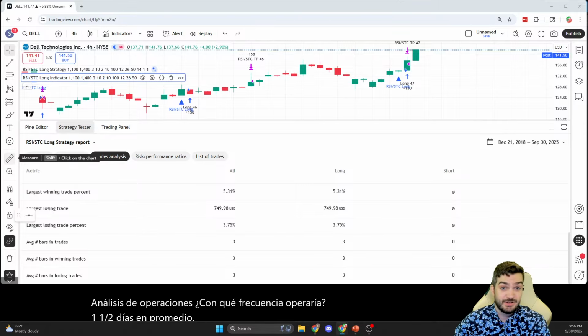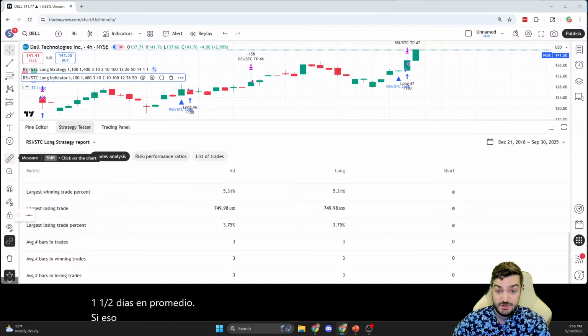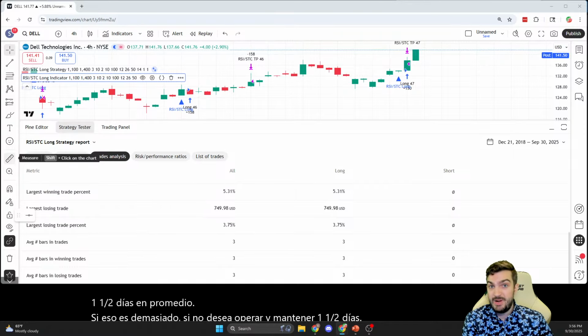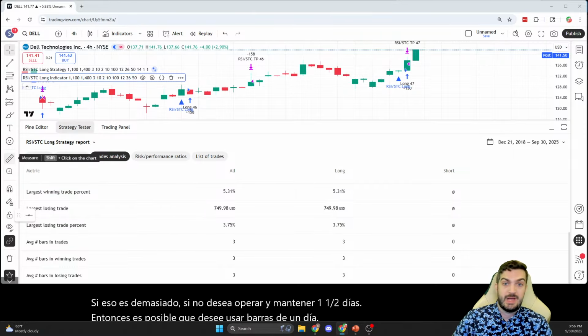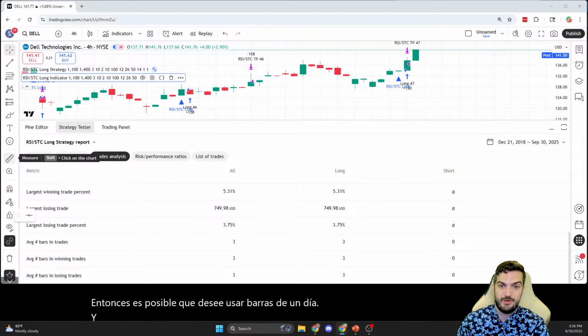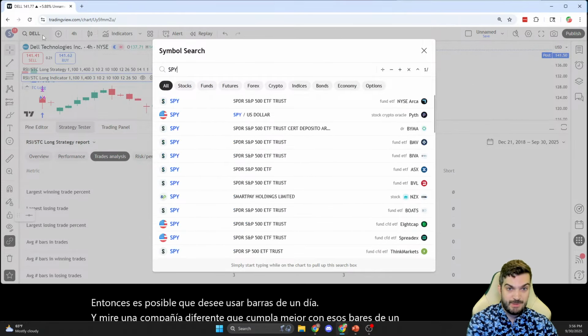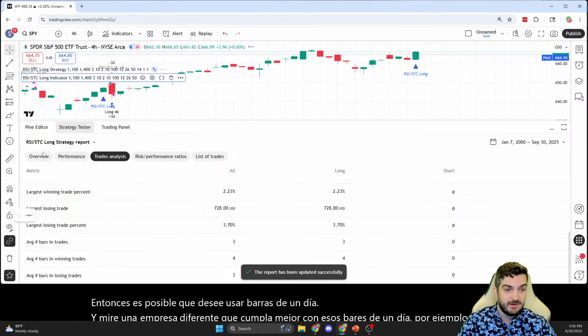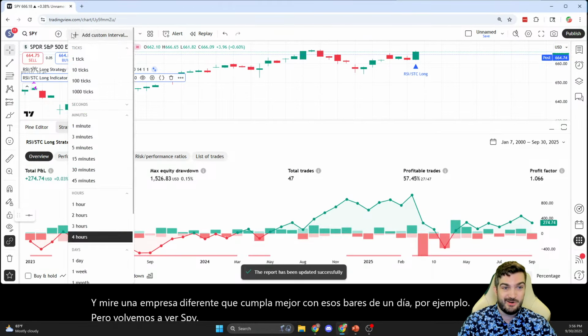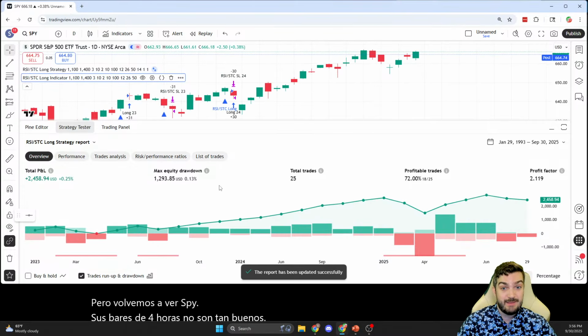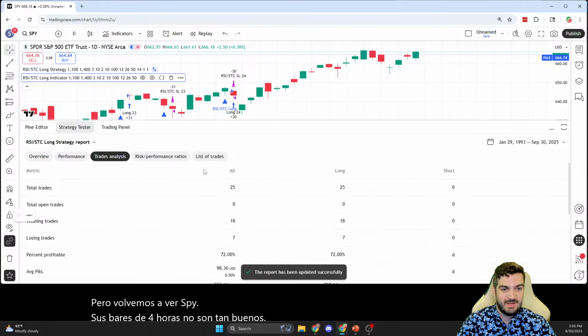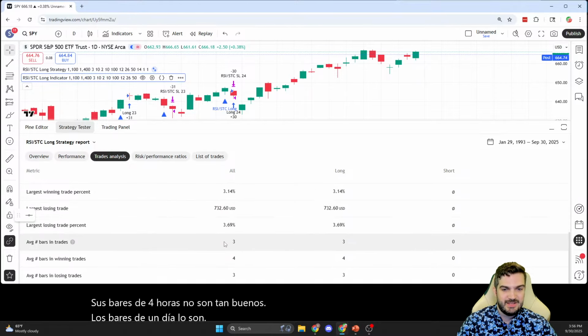If that's too much, if you don't want to trade and hold 1.5 days, then you might want to use 1 day bars and look at a different company that meets those 1 day bars better. For example, SPY. We go back to look at SPY. Its 4-hour bars aren't that great. 1 day bars are. In trade analysis here, the average hold for SPY is 3 days.